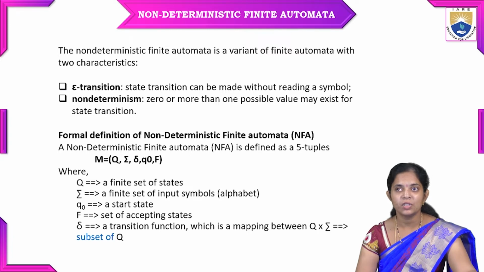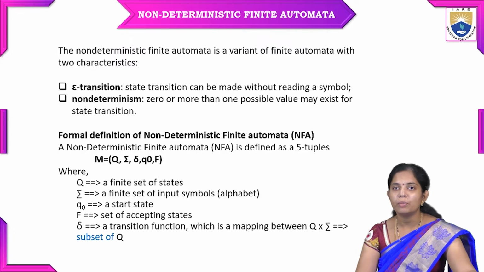The state transition can be made without reading a symbol, which is called the epsilon transition. And the second characteristic is that zero or more possible values may exist for the state transitions. These are the two characteristics of the NFA.